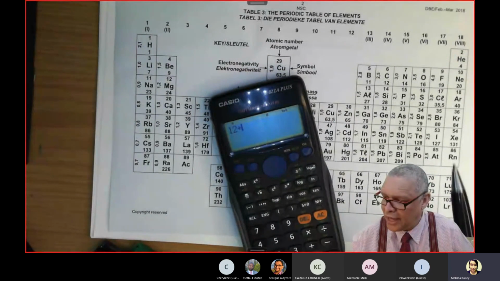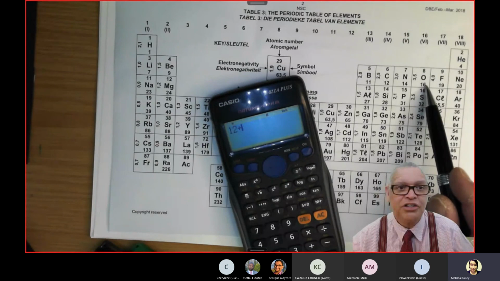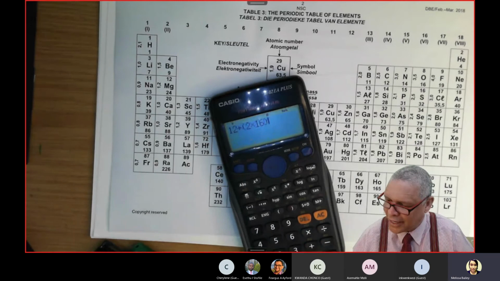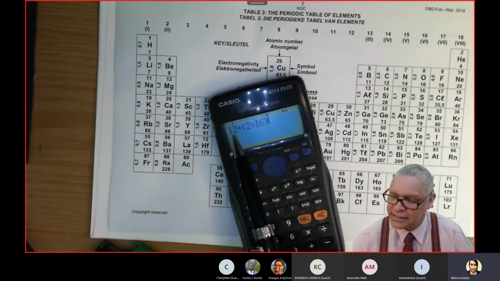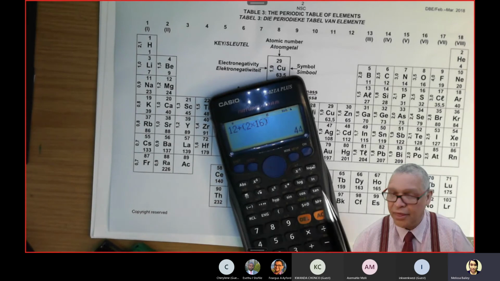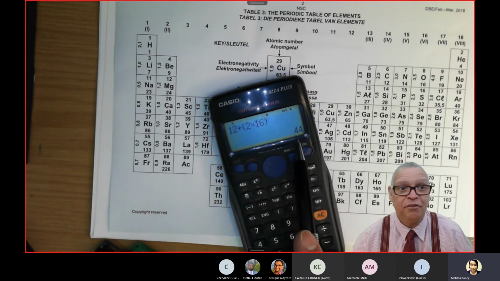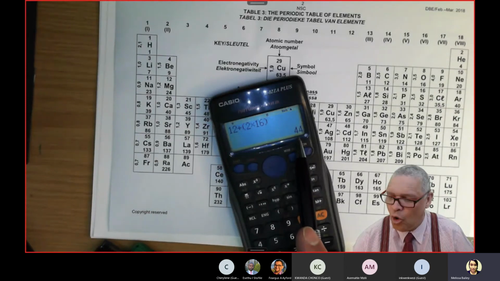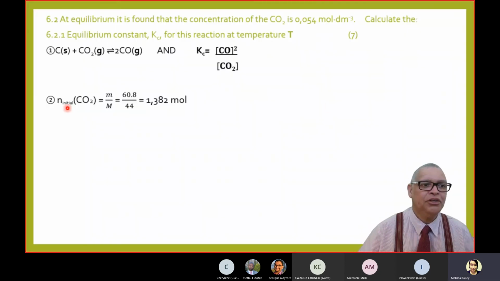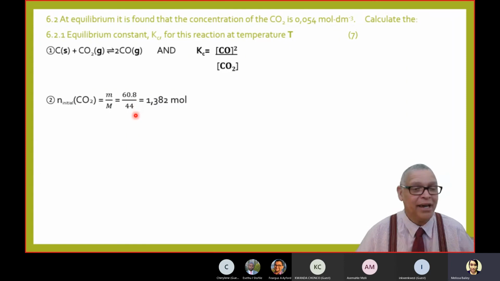Oxygen is 16, so I'm going to put that in brackets: 2 times 16, close brackets. Remember, that is CO2. And when I press equal to, there I get the answer. Can you see that 44? Yes. So the molar mass of carbon dioxide is 44 grams per mole. When we look back at the monitor now, you'll notice that's where this 44 comes from.